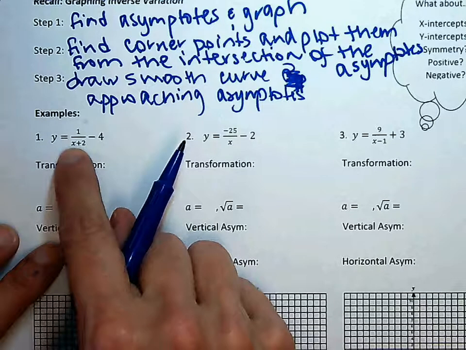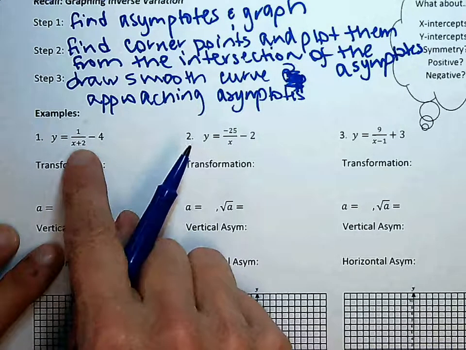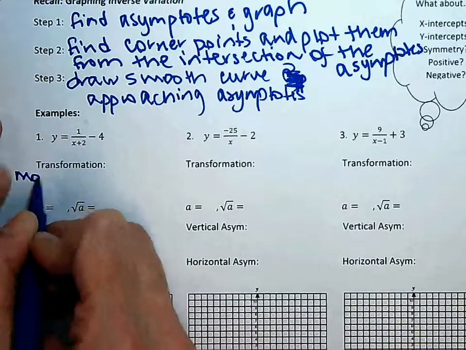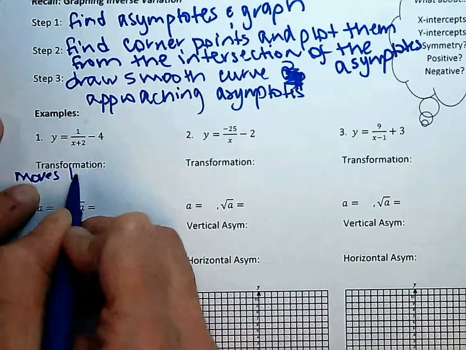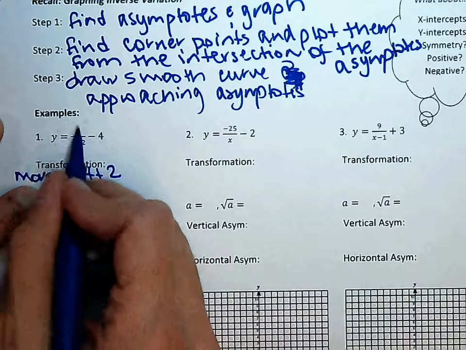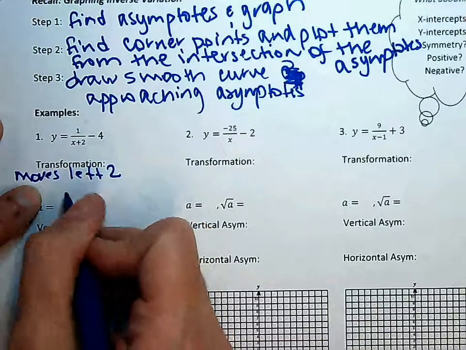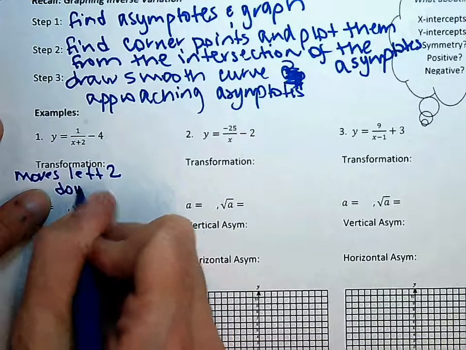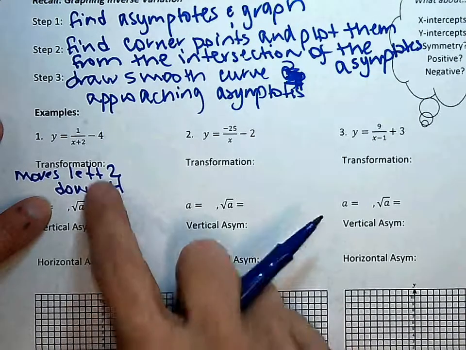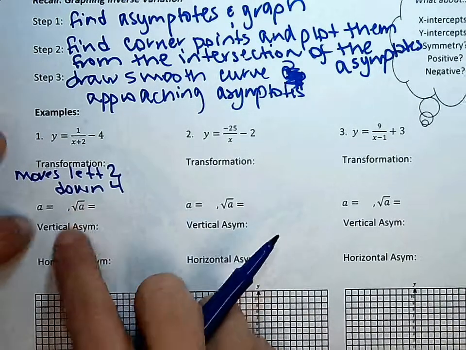What does this do? Moves left 2. There's no vertical stretch for this because that's just 1, right? Moves left 2, down 4.